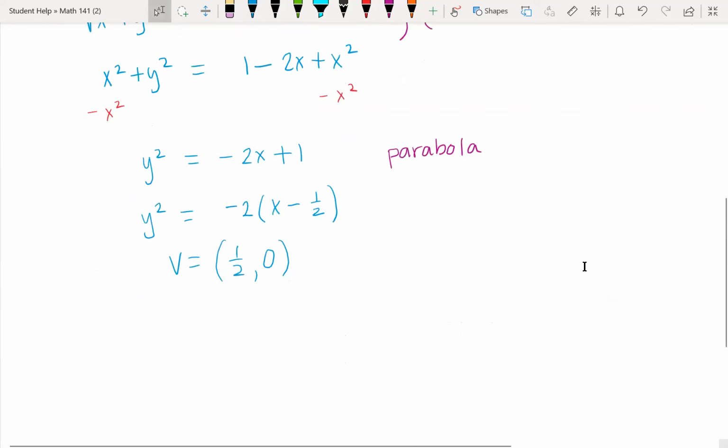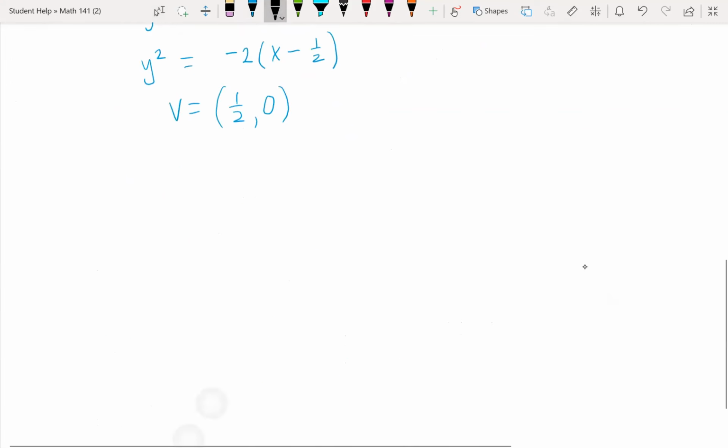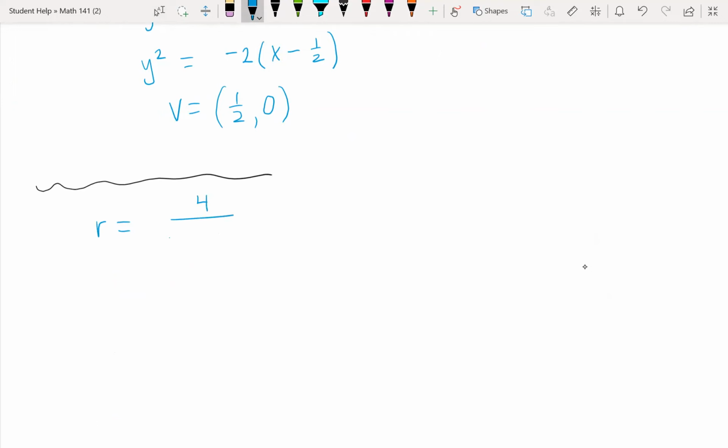Okay, let's do the second one. The second equation we were given was r equals 4 over 2 plus cosine theta. I'm going to tackle this similar to the way that I just did in the last one by clearing the fractions. So I'll have r multiplied by 2 plus cosine theta equaling 4.